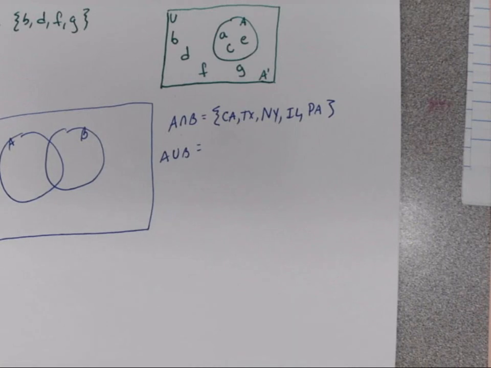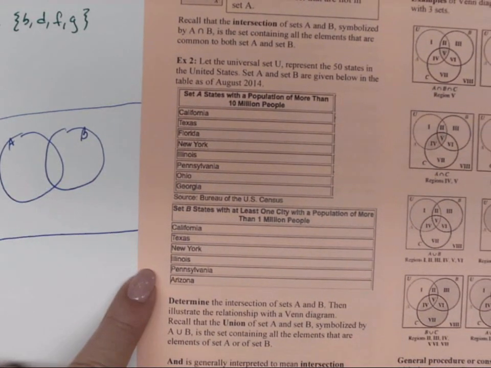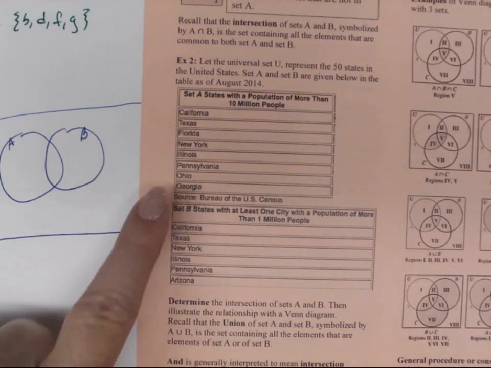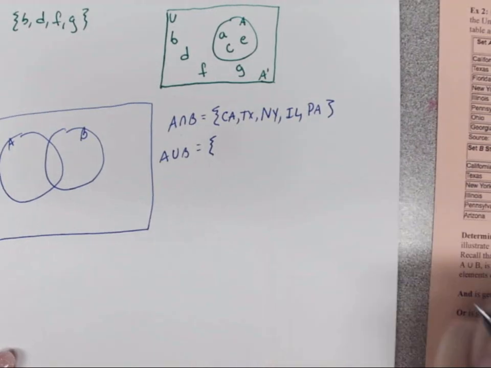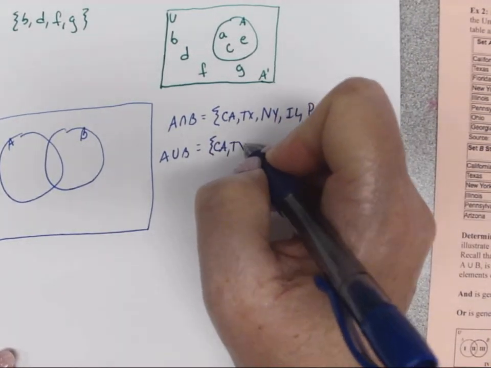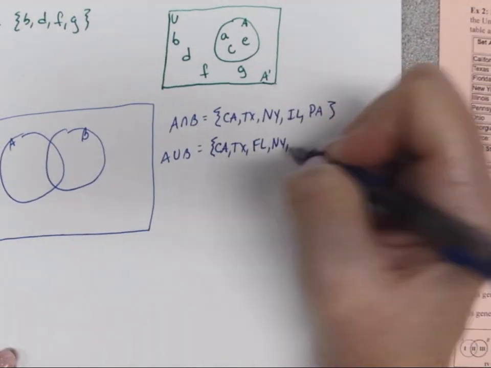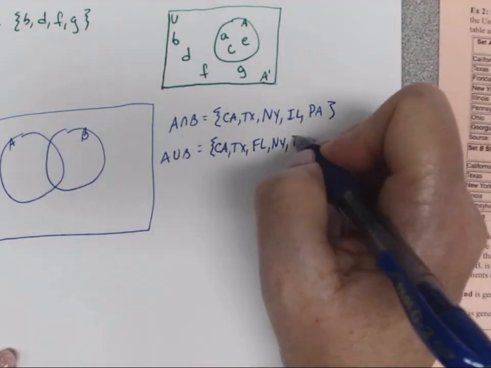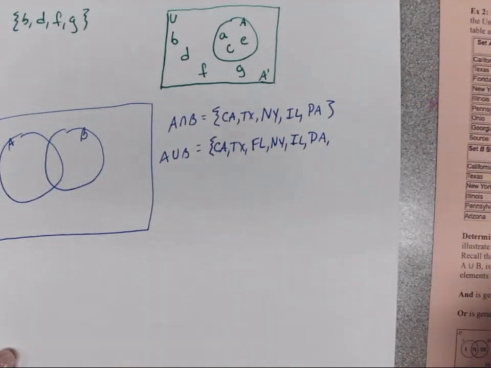Now, for all of the states, we can start with the first set here, and then we'll add anything that's not there. All right, so in set A, we had California and Texas and Florida and New York and Illinois and Pennsylvania and Ohio.